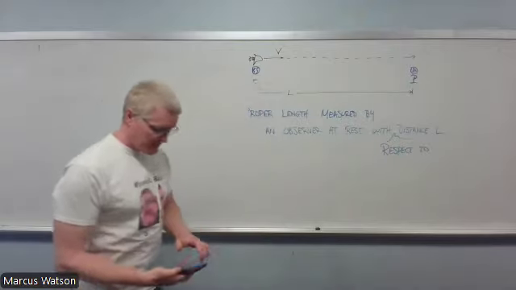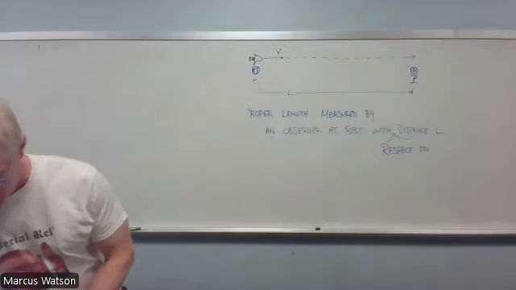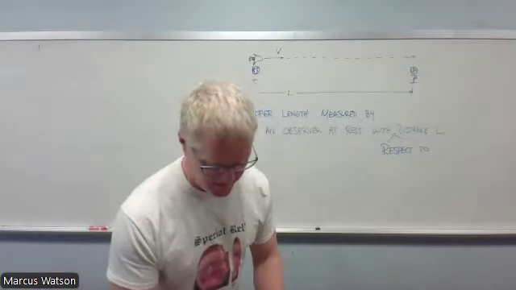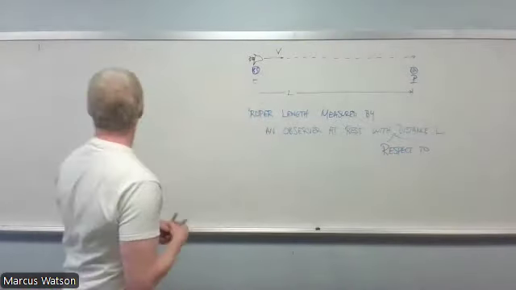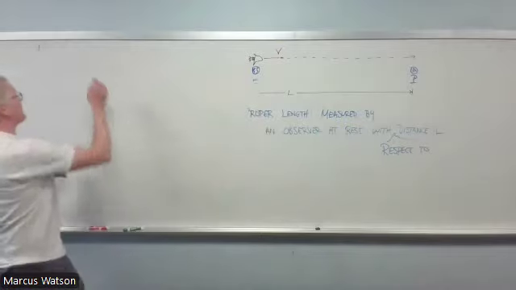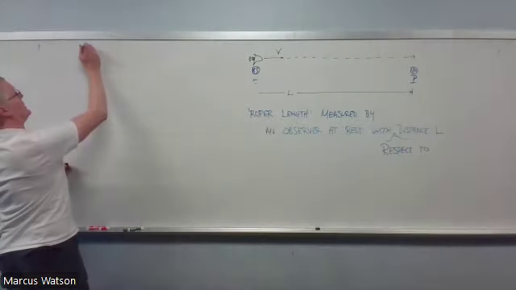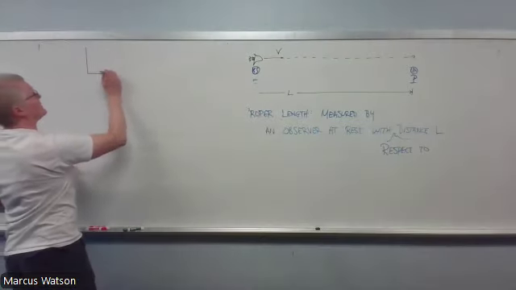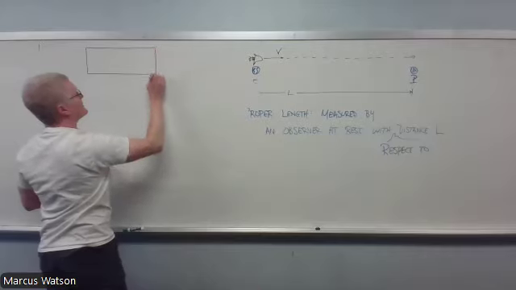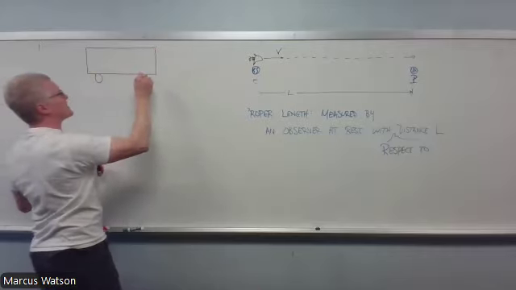So let's take a look at this. I want to set up a situation here. Once again, we're going to go to a train. Here's a train and it's on the tracks.